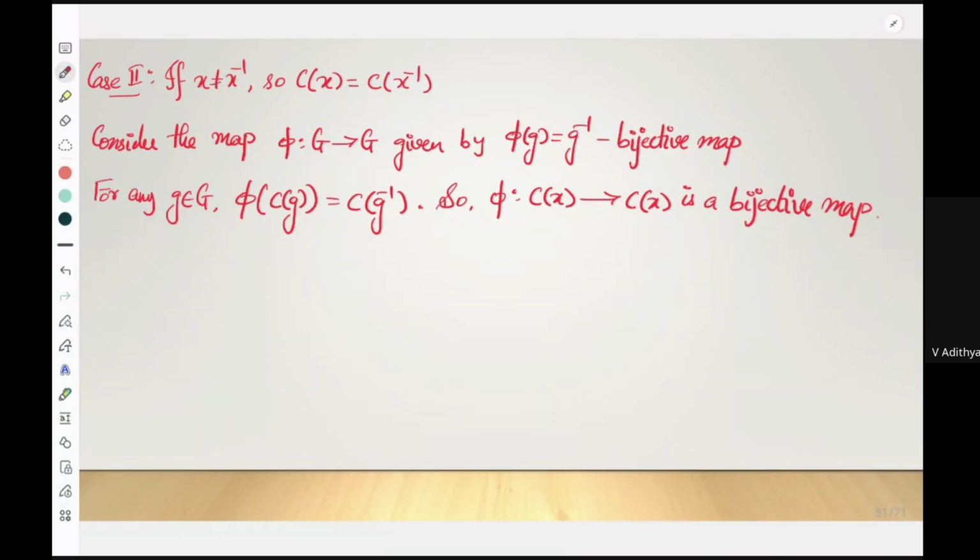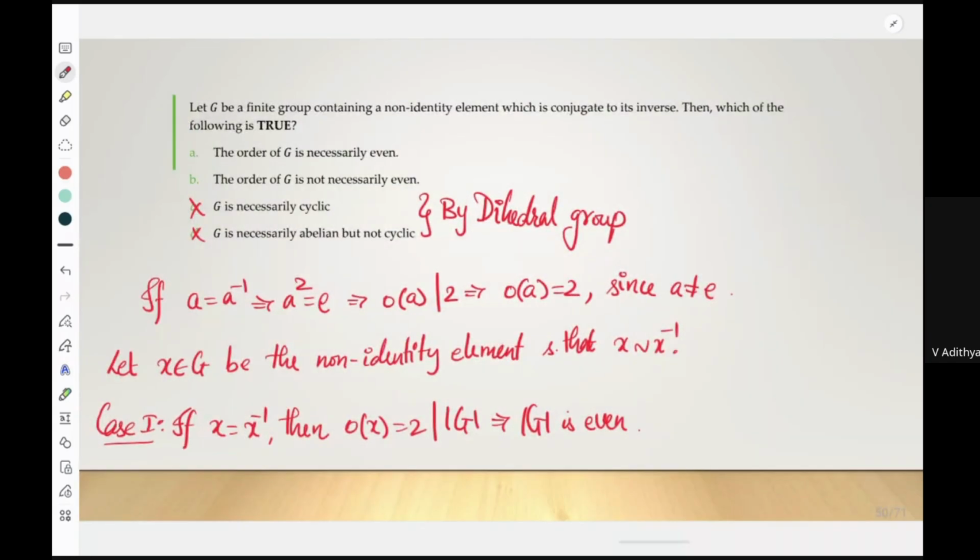Now, sorry, even I'm not sure how to proceed from this part. Even I'm stuck, I guess. So the answer is order of G is even, just in case you want it. But I am stuck at this point. Yeah, class of x should be equal to class of x inverse.